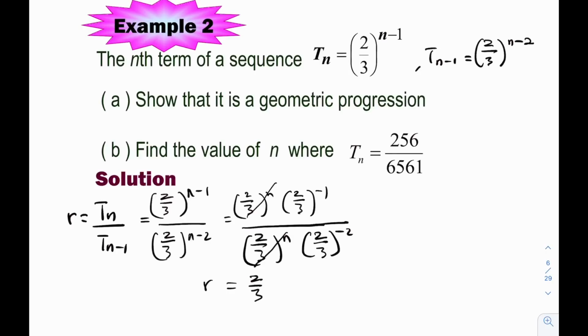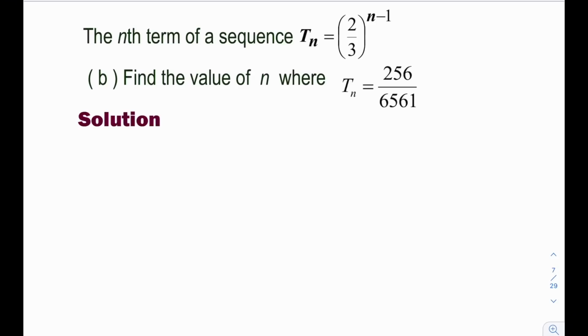Since your r equals 2 over 3 and is a constant, therefore, the sequence is a geometric progression.